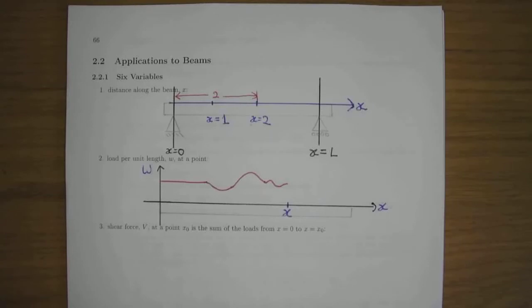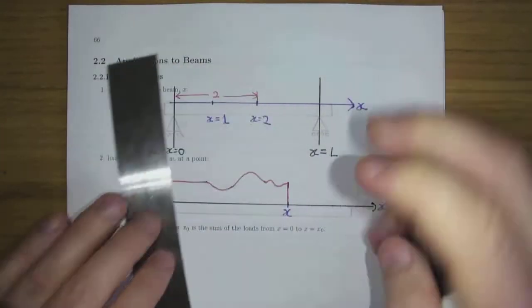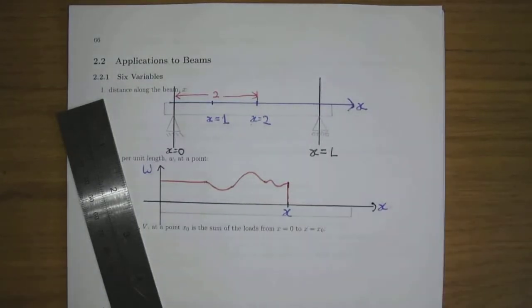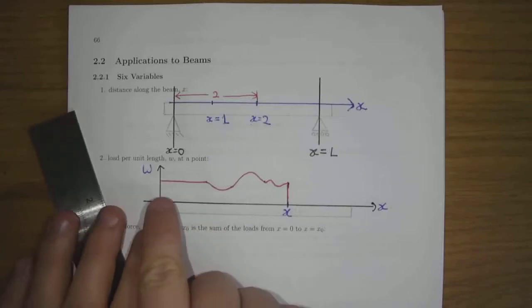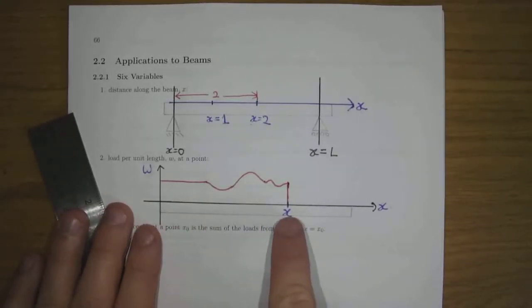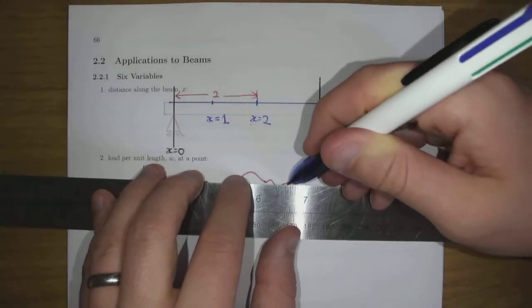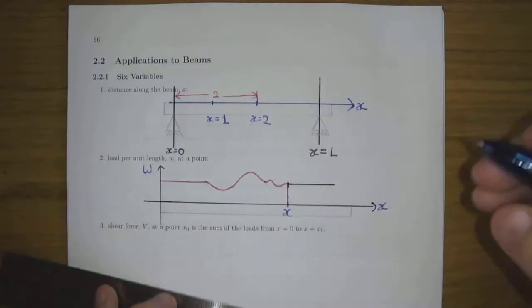So the load per unit length is, if you just stop here, look at the load at that point, and suppose that the magnitude of the load didn't change. So here it's constant for this period, and then it changes. So the load per unit length is, imagine 1 meter of the same magnitude of load.